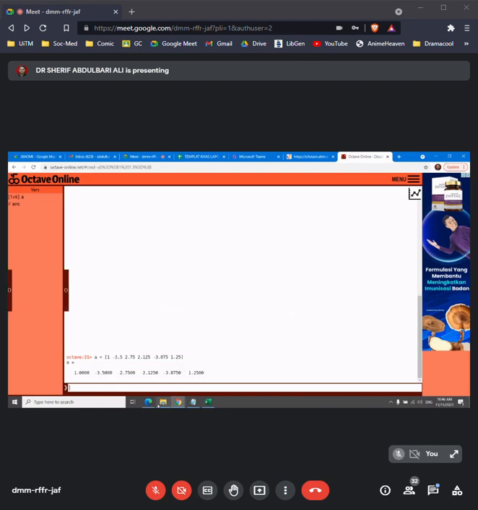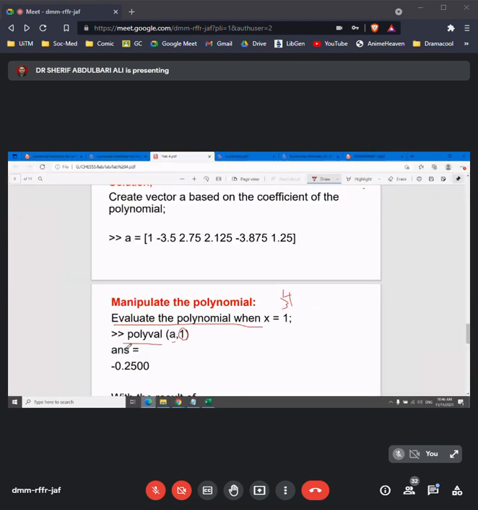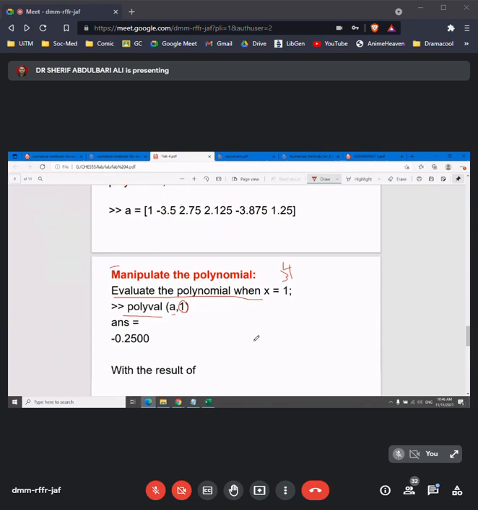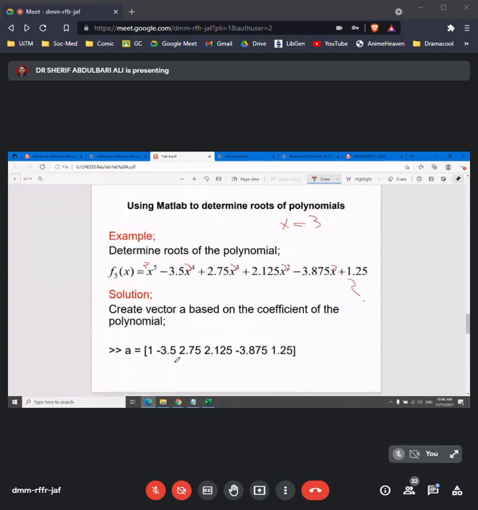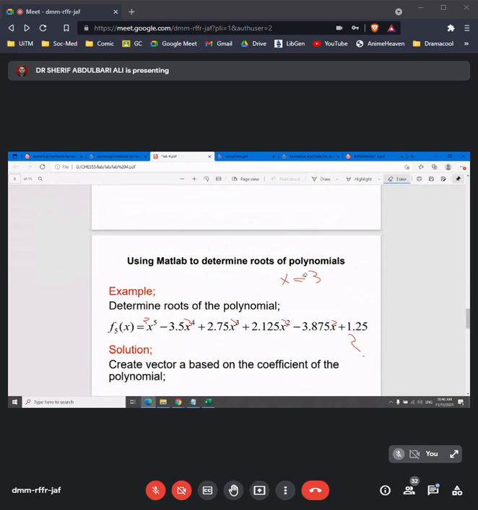So this is one of the commands that help us to manipulate polynomials. There is also another function that helps us to find the derivatives. Let's say I'm asking you to differentiate this polynomial to the first order. What are you going to do?